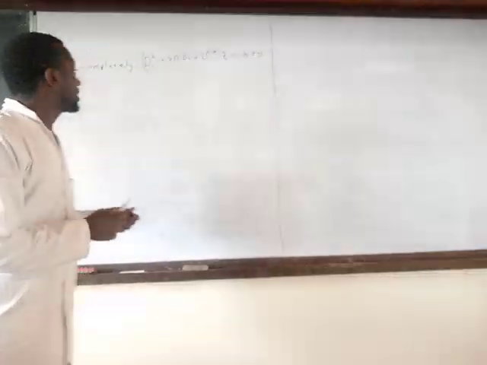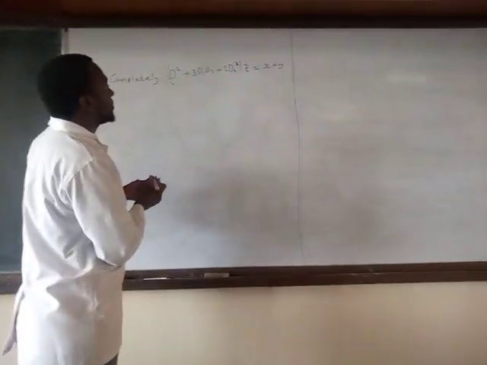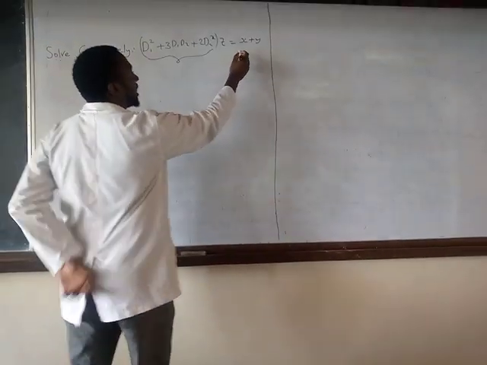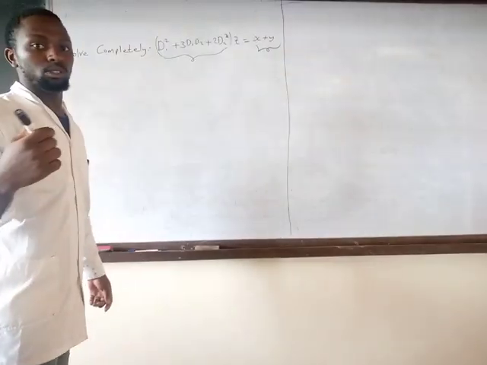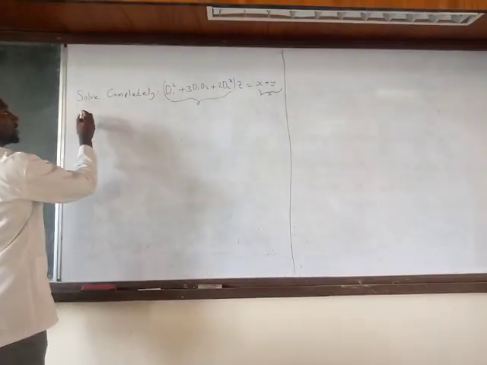So this kind of PDEs, you are asked to solve completely. So you have the homogeneous part. This is the homogeneous part and this is the non-homogeneous part. So first of all, you solve the homogeneous part, this part.